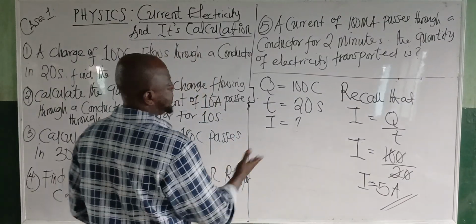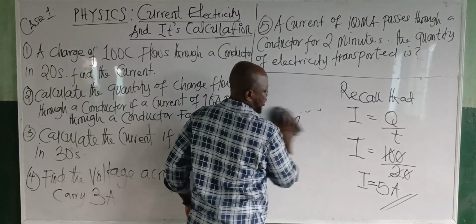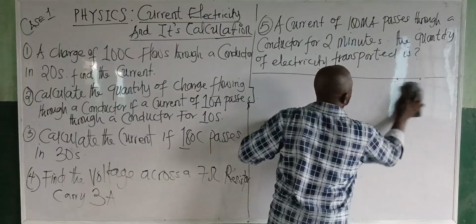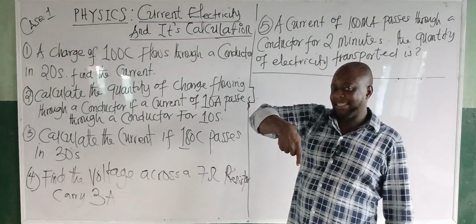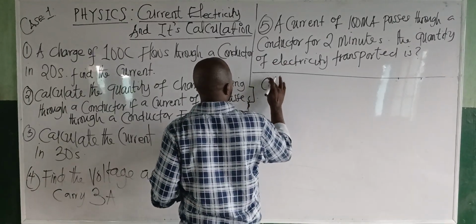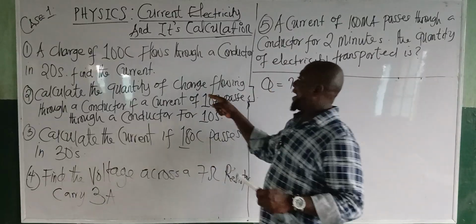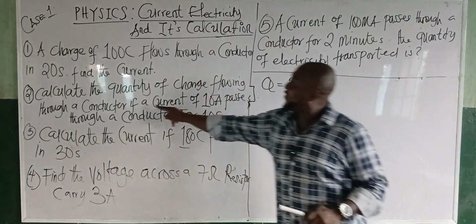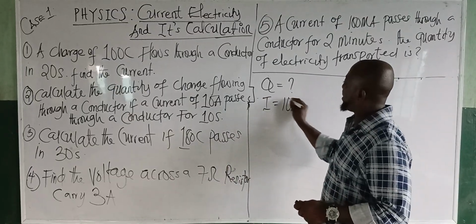Now, question number two. We are told to calculate the quantity of charge. This time around, I want to find Q. Calculate the quantity of charge, which we don't know, flowing through a conductor if a current, which is I, has been given to be 10 ampere.